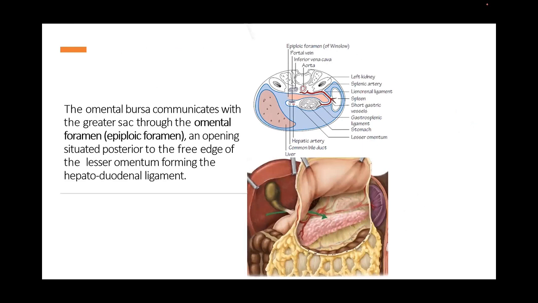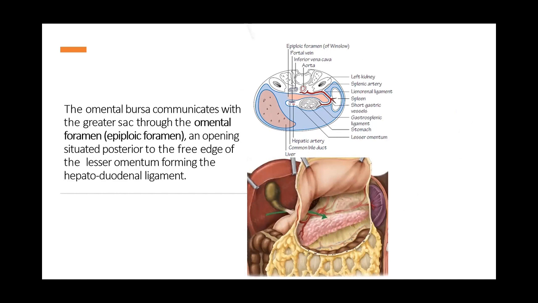Now, still, if you look at this image, the stomach is being lifted up to show you those structures that form parts of the posterior border, and at the same time, they form part of the stomach bed.